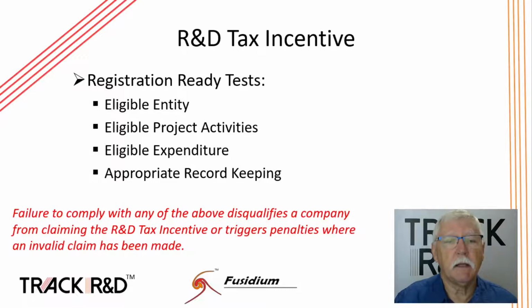And finally, you need to maintain appropriate records to justify both the project activities and the expenditure. Failure to comply with any of these requirements disqualifies you from claiming the R&D tax incentive, and if you do claim the incentive and an audit occurs, this can trigger penalties for invalid claims that may have been made.